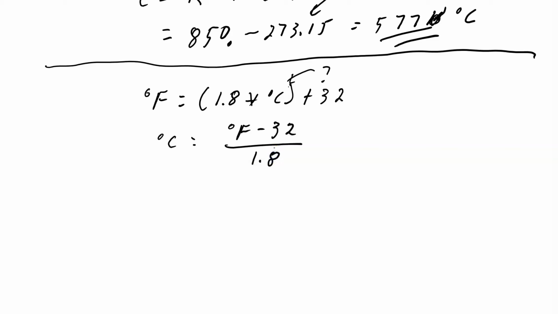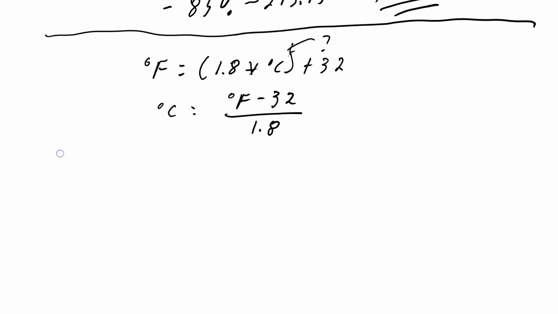I went quickly here. We did this derivation a couple of problems ago. Now we're going to just substitute our values in. 157 degrees Fahrenheit, 3 significant figures, minus 32, infinite number of significant figures, divided by 1.8. We have no decimal places here at the 157, so our answer is going to have no decimal places when we subtract. We divide that.